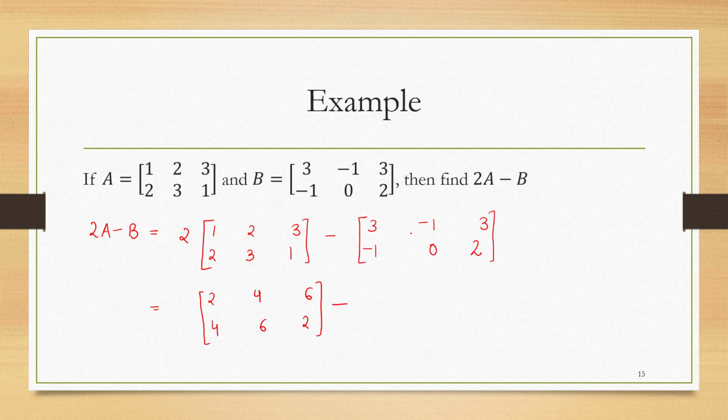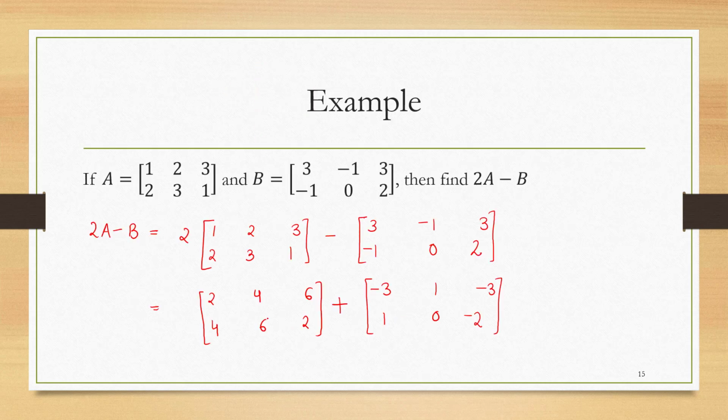And if I take this minus inside, I will get a plus here. Negative of this matrix is minus 3, 1, minus 3, 1, 0, minus 2. Now we need to add these two matrices and we get this is equal to 2 minus 3 minus 1, 4 plus 1, 5, 6 minus 3, 3. So it's minus 1, 5, 3.